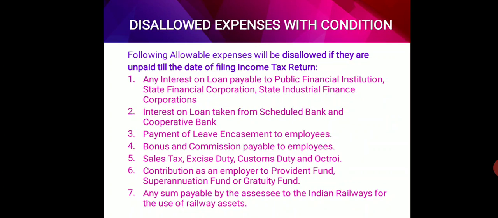The list which is shown to you is the list of allowable expenses, but they will be disallowed if they are unpaid till the date of filing income tax return by the assessee.